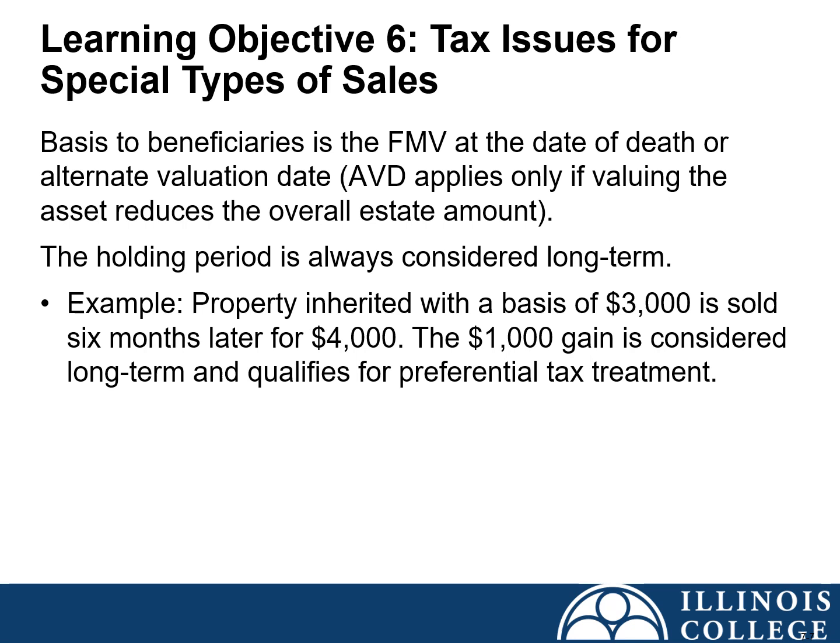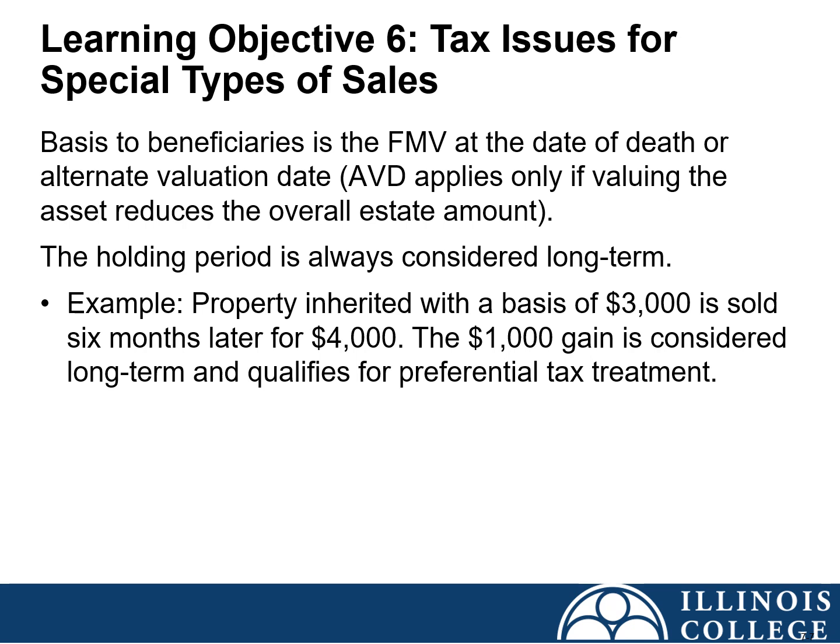Now, here's another big benefit. The holding period is always considered long-term. So it doesn't matter how long the beneficiary actually had the asset before they sell it, it's always going to be long-term. So let's look at an example on this slide.